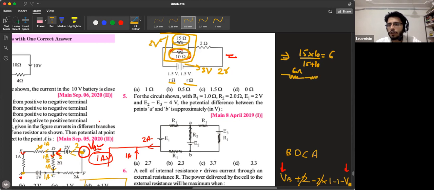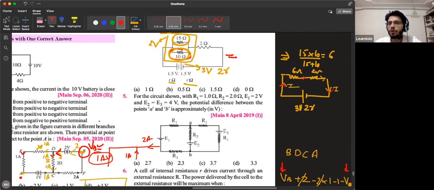Then you have a 2 ohm resistor. Then you have a cell of 3 volt and internal resistance 2R. And this is the current through it. So let's calculate the things here.